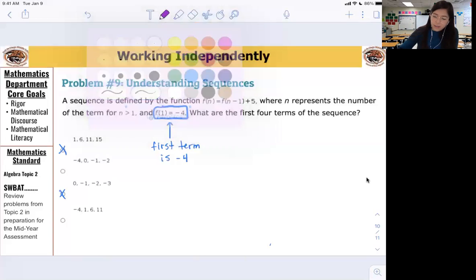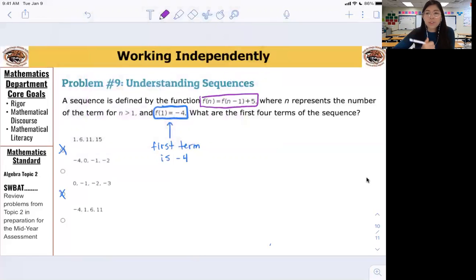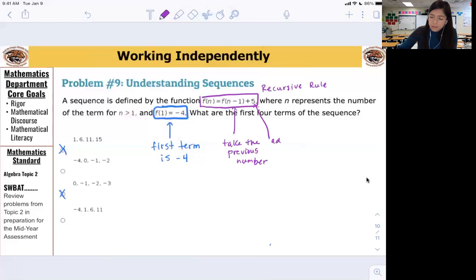Now let's take a look at this. This is what's called a recursive rule. A recursive rule basically tells you what to do to a number to get the next number. So in this recursive rule, let me write this down. This is telling me to take the previous number and add 5 to it.